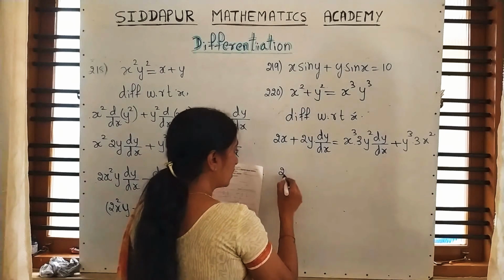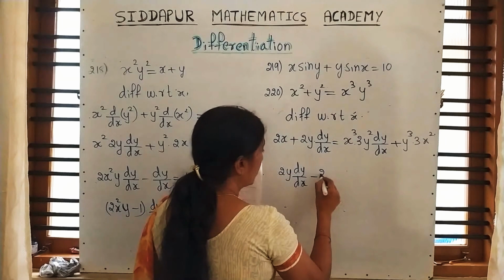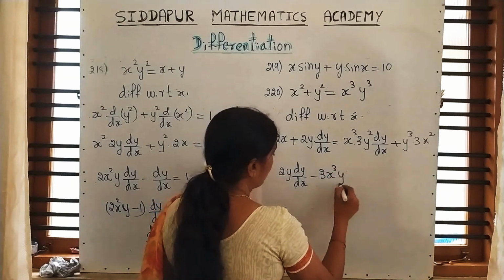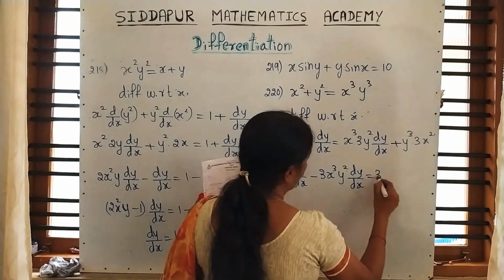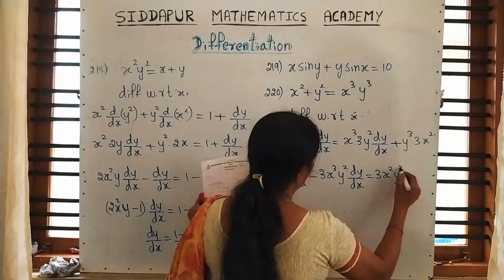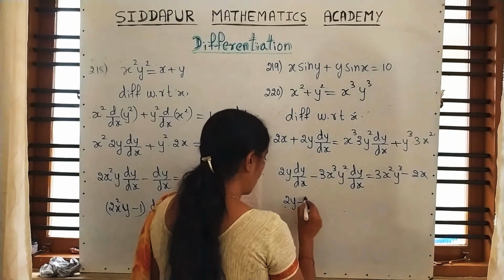Then write down the terms with dy upon dx on one side, without dy upon dx on the other side. Take dy upon dx common.